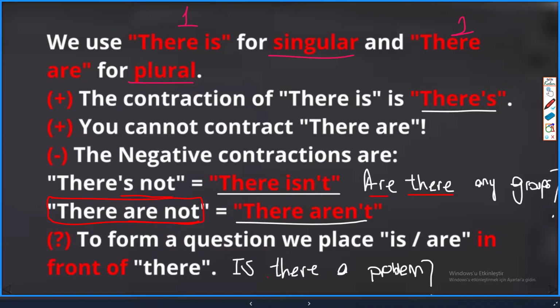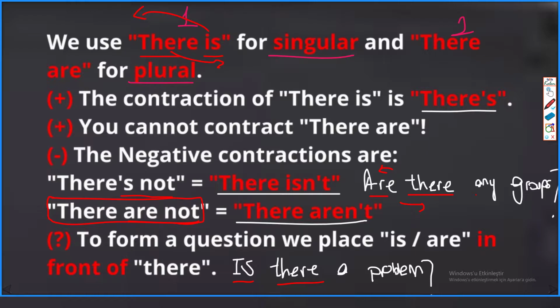We send is to the beginning and there to the middle: is there. Are comes first and there goes to the middle: are there any groups? Is there a problem? Guys, do you understand?